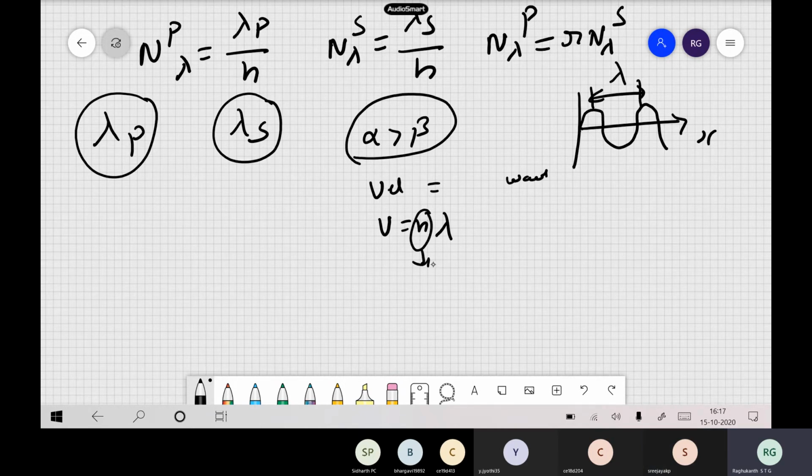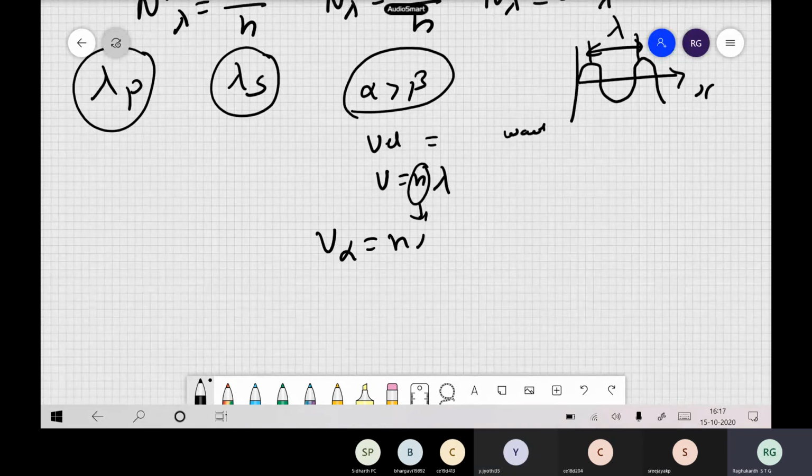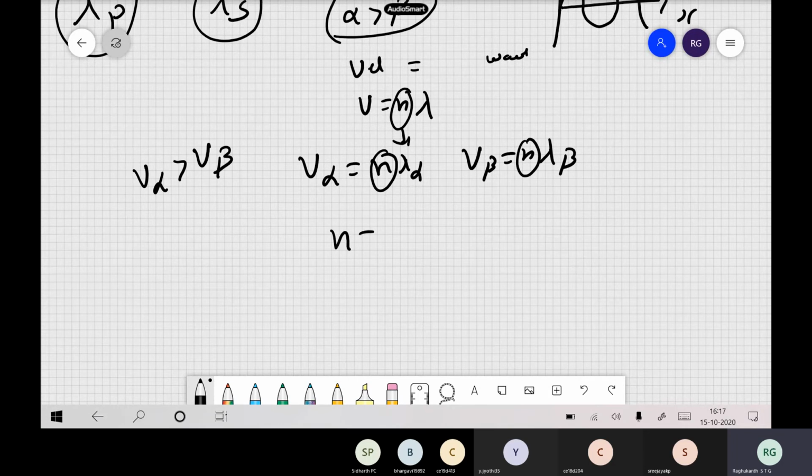So we have velocity v alpha equal to n times lambda alpha, and v beta equal to n times lambda beta. Now for the same frequency, whose lambda will be more? We know that the velocity of alpha will be more than the velocity of beta.